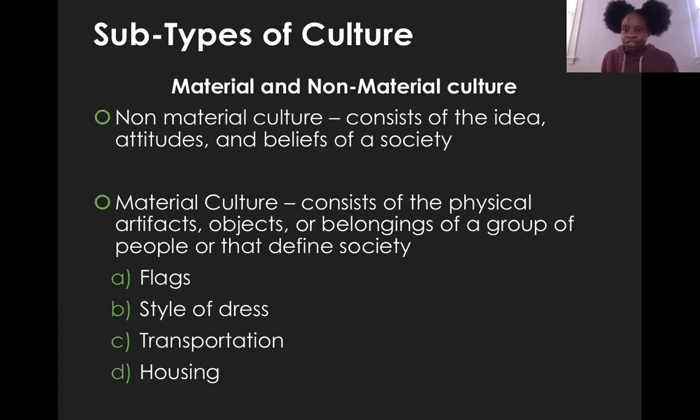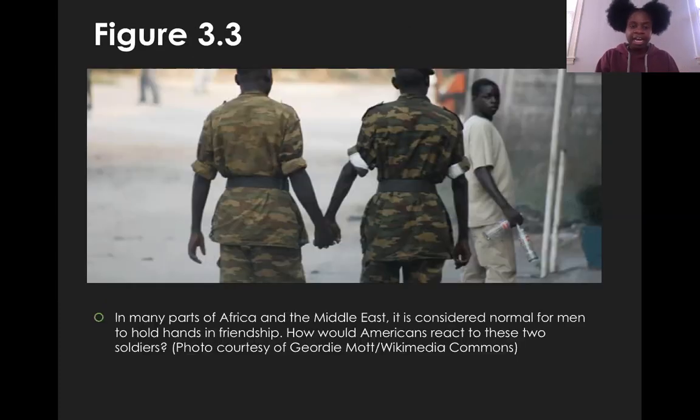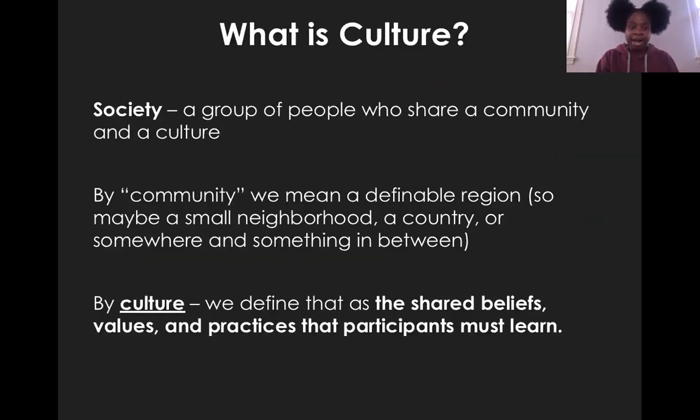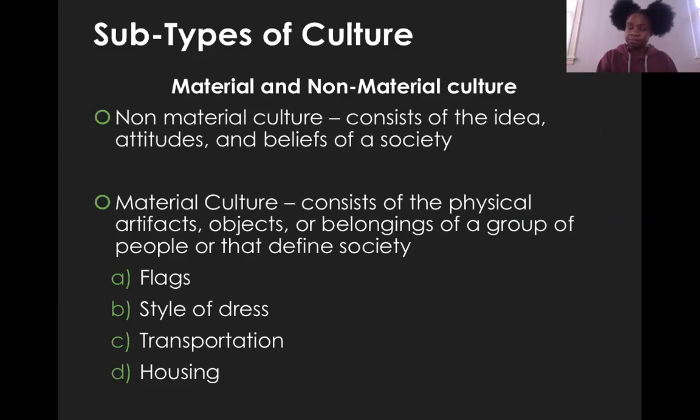Subtypes of culture. So we went over culture, right? And we defined culture, remember, as the shared beliefs, the shared values and practices that a participant must learn. Now we are going into subtypes of culture. Okay, so there's non-material culture, and then there's also material culture.